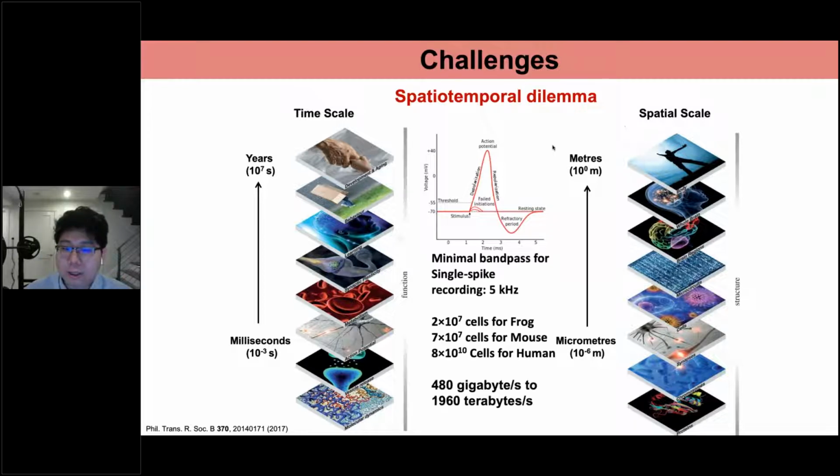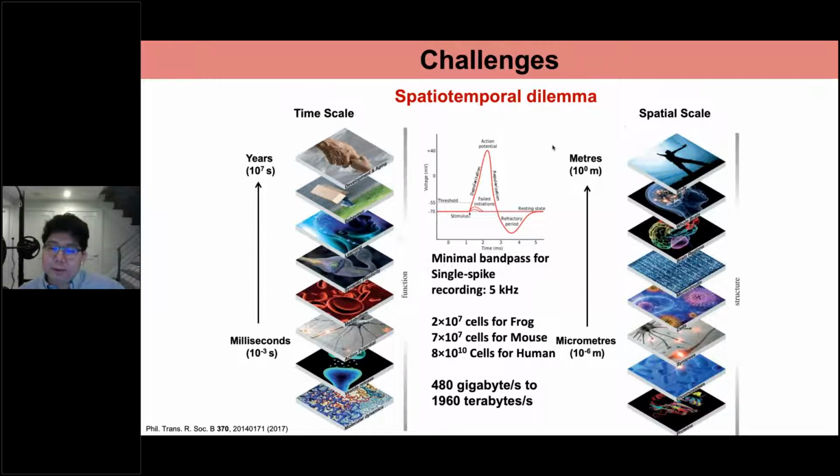In addition, there are a large number of neurons in the animal and human brain, such as millions of neurons for the frog or billions of neurons for the human. We basically want to achieve at least 500 gigabytes per second or even thousands of terabytes per second to capture this large number of activities across the 3D brain.